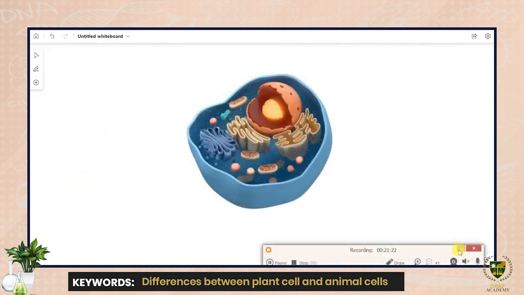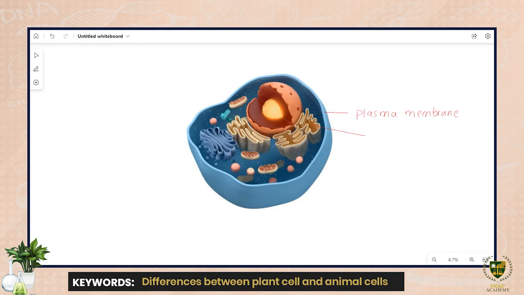Now here is an animal cell. I'm going to label it. So this is its plasma membrane. Clear? And this is the endoplasmic reticulum.